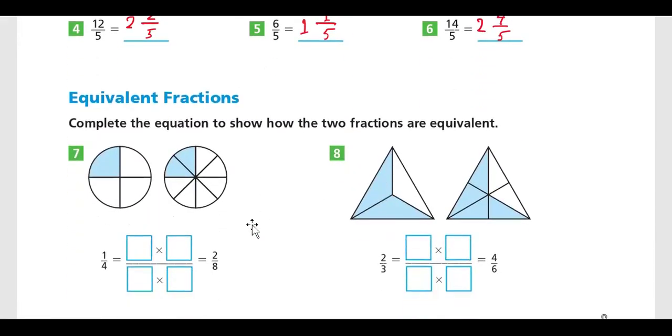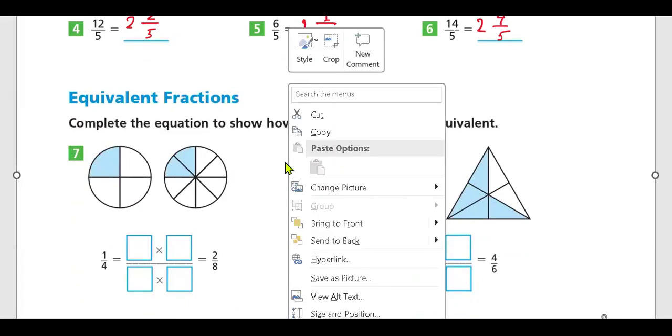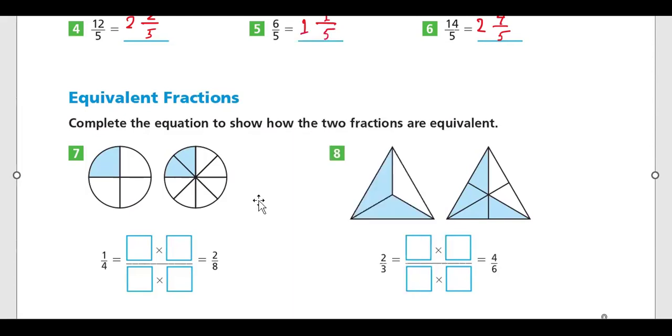Now, equivalent fractions. As we see, this is 1/4. If you multiply 1/4 by 2 up and down, 2 over 2 is 1.